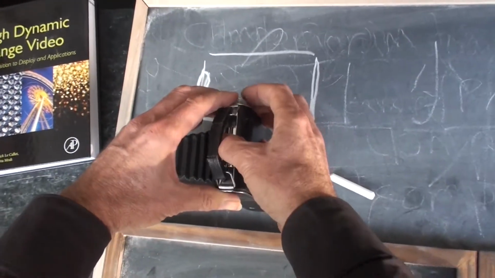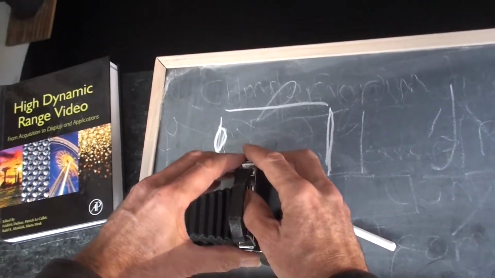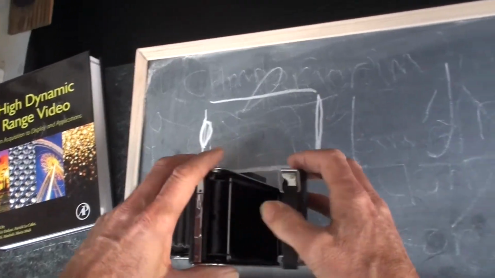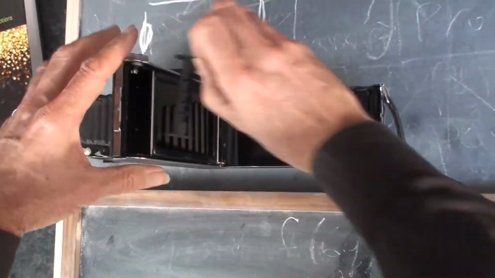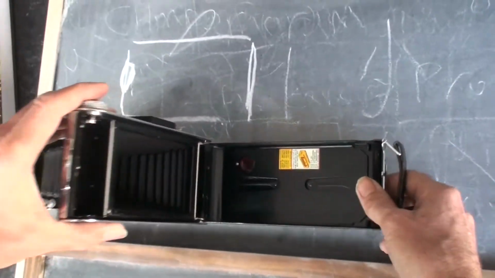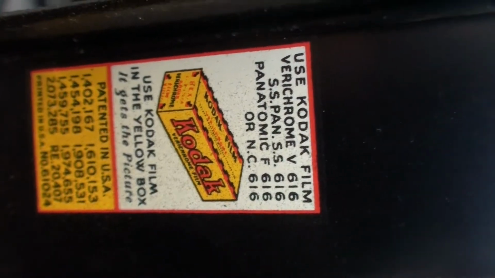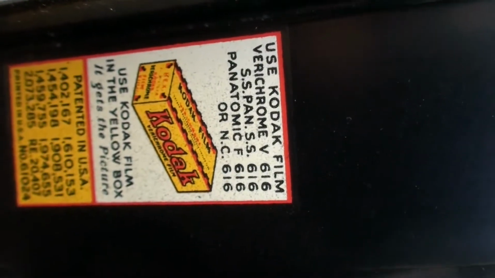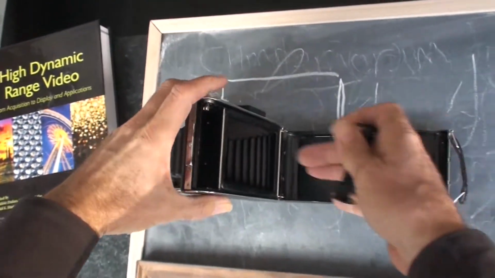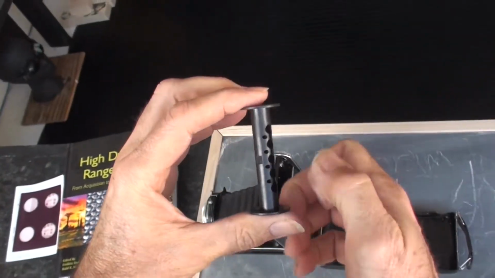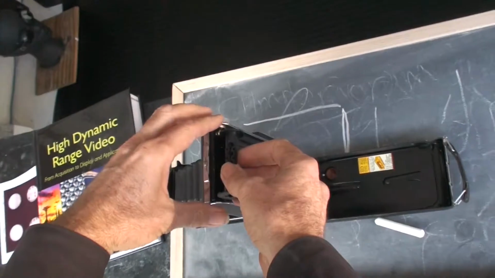In this case, this camera runs on photographic film that comes off of a spool. This was called 616 film, and this type of film was 70 millimeters wide. It's very much like 70 millimeter motion picture film that goes on the spool.